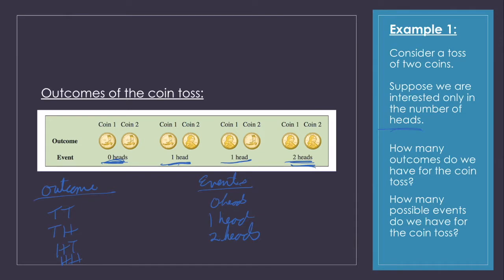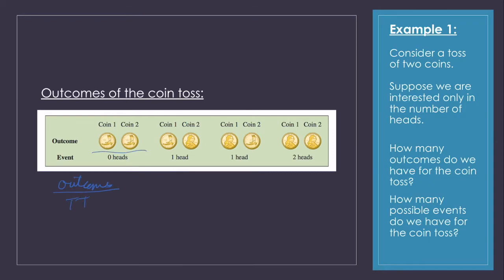So let's consider a toss of two coins. And let's say we're only interested in the number of heads. How many possible outcomes do we have for a coin toss? Well, outcomes are each individual possible outcome. So we could have no heads, that'd be tail, tail. One head, tail, head. One head, head, tail.